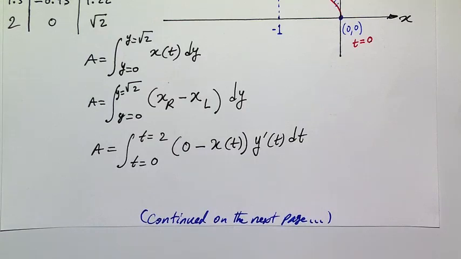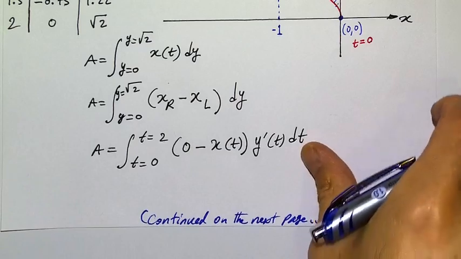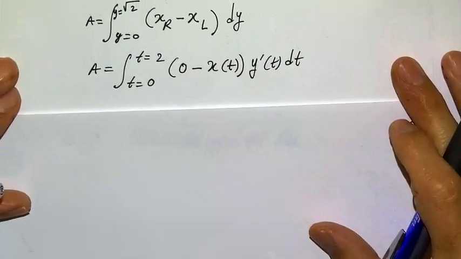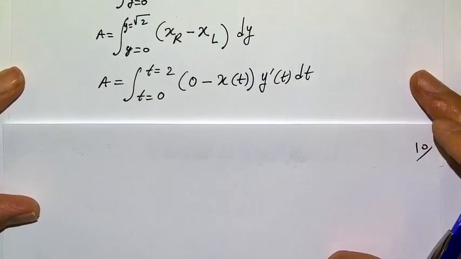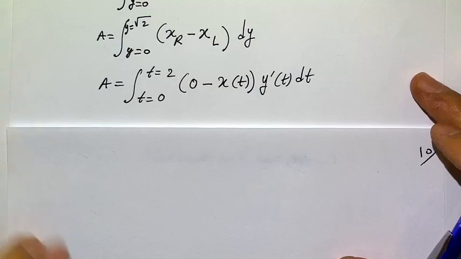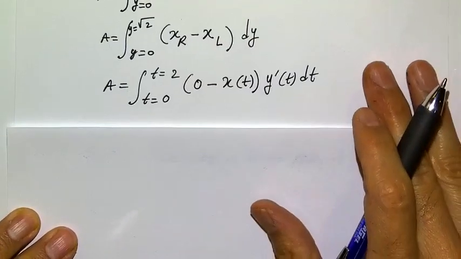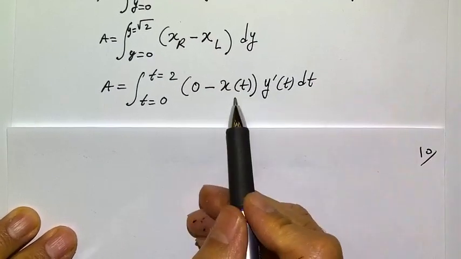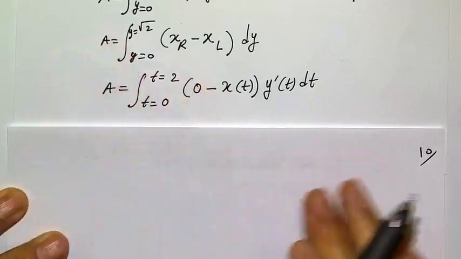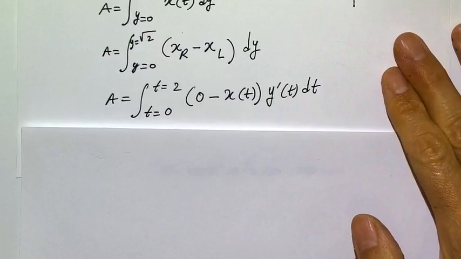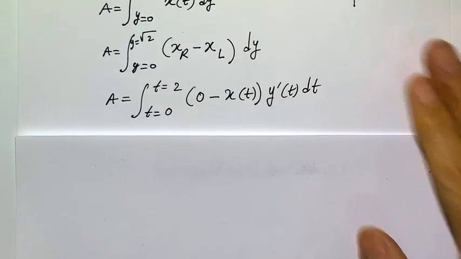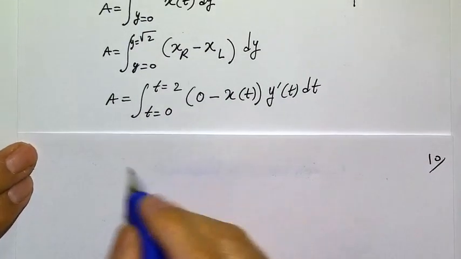Okay. So let's move to the next page here. Now we will plug in for these with what we should have. Before that, I'm going to write my parametric equations here so we have them on the screen.